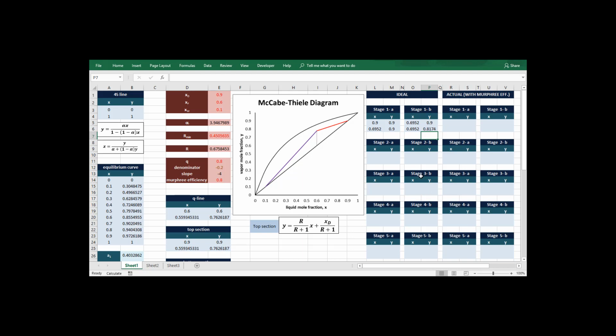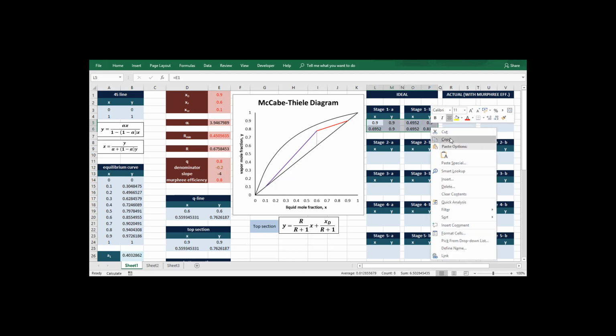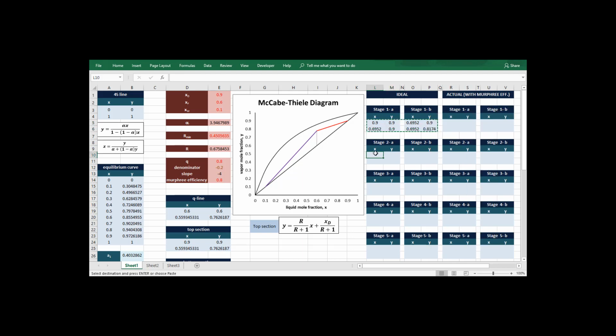The same steps will be done for the next stages, and I will just copy this and paste. I will change the value of x and make it equal to the last x.